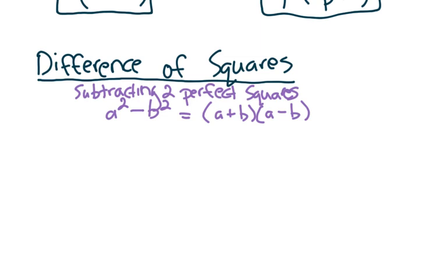Oh, and you may be asking, what are your perfect squares? So perfect squares are numbers that have nice square roots. So 1, 4, 9, 16, 25, 36, 49, etc. Variable-wise, x squared, x to the 4th, x to the 6th, x to the 8th, and so on.